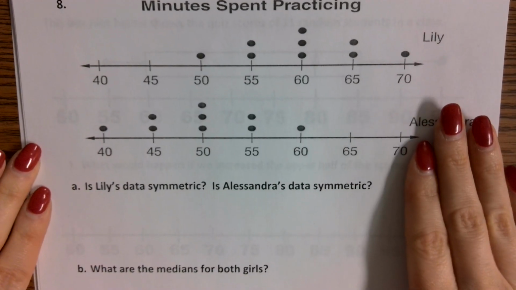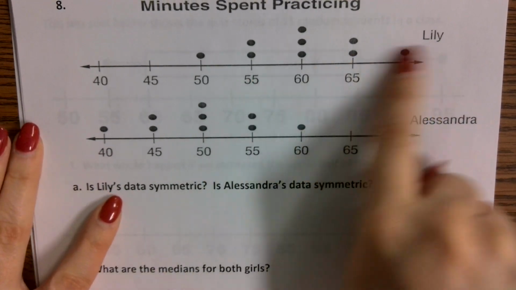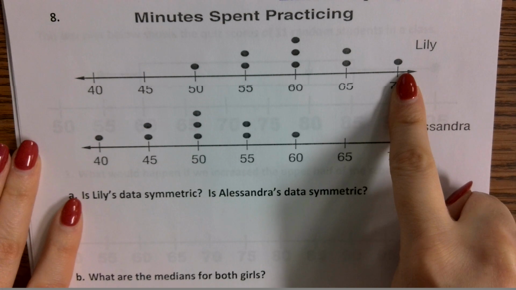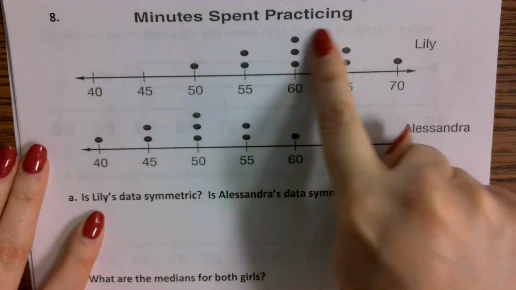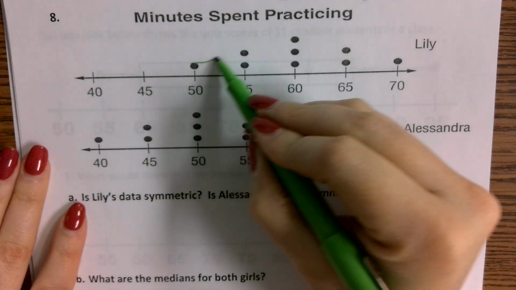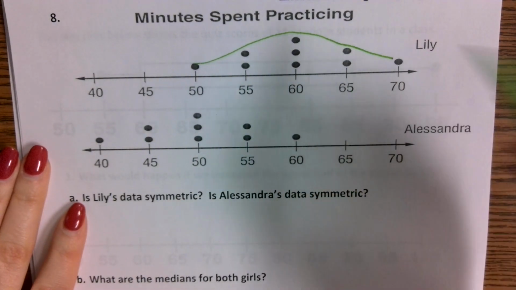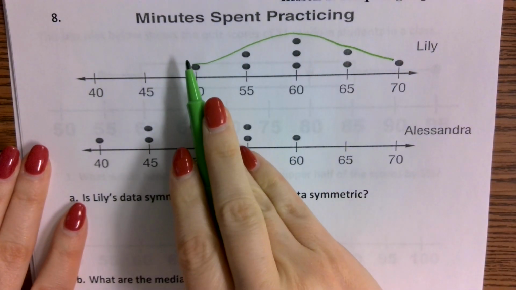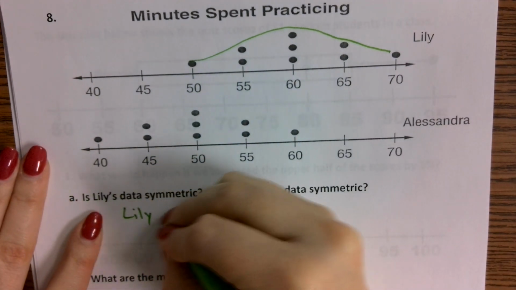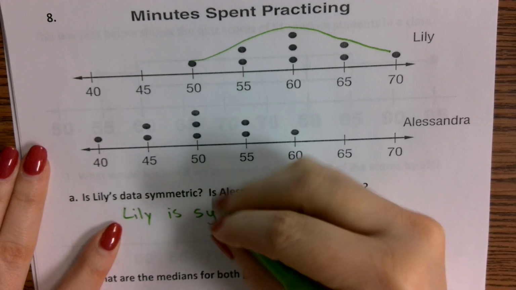Okay, let's go over this. For the first plot, Lily's plot, is Lily's plot symmetrical? Yes or no? Yes, right? It does follow a perfect curve. So this is symmetrical. It follows a nice perfect curve with an even distribution on the left side as it does on the right side. So Lily is symmetrical, or symmetric.